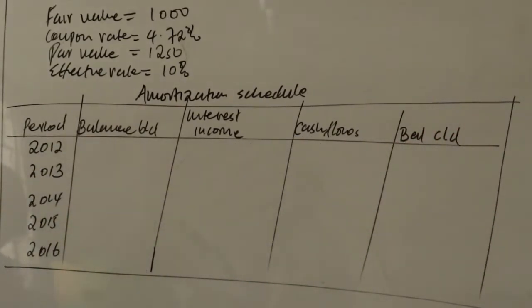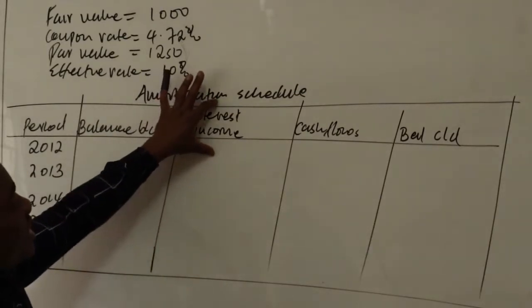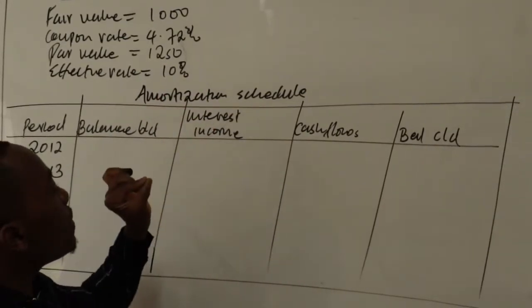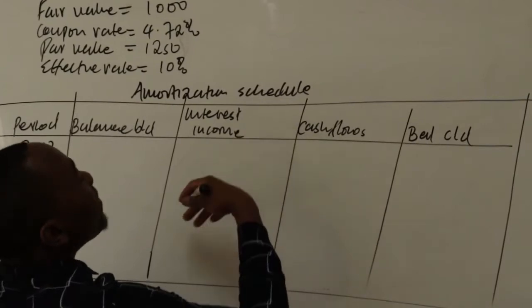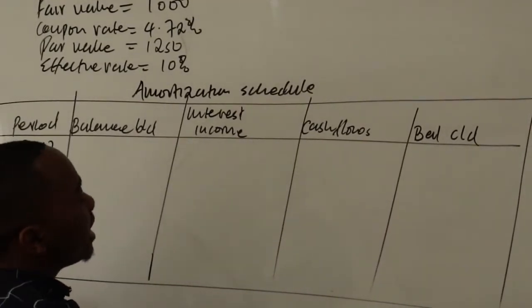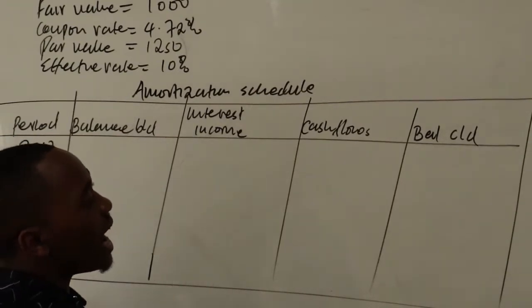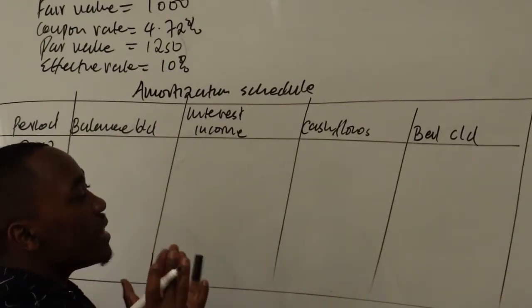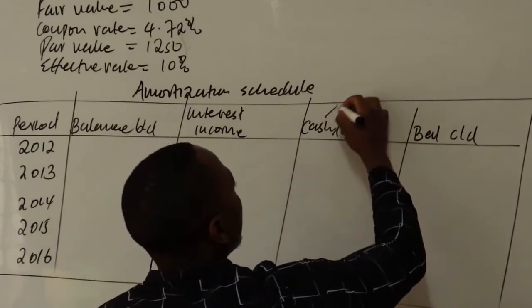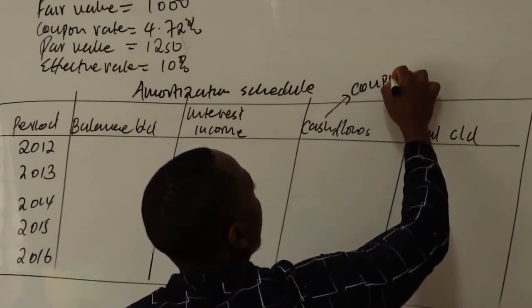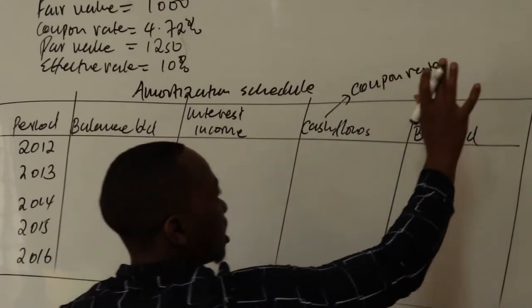What does that mean? You need to note that the interest income or the interest expense should be based on the effective or the market rate. But the cash flow, this amount you're supposed to receive or to pay at the end of each period, should be the same amount. The cash flow is based on the coupon rate, and that one does not change.